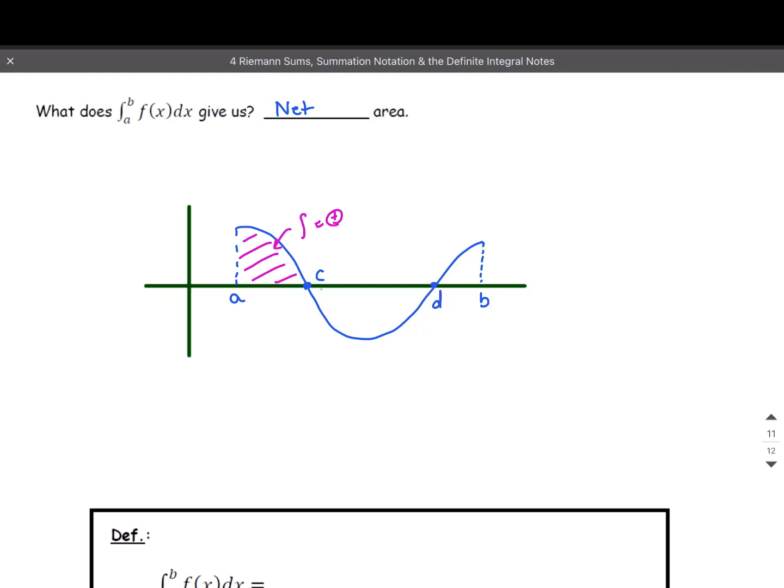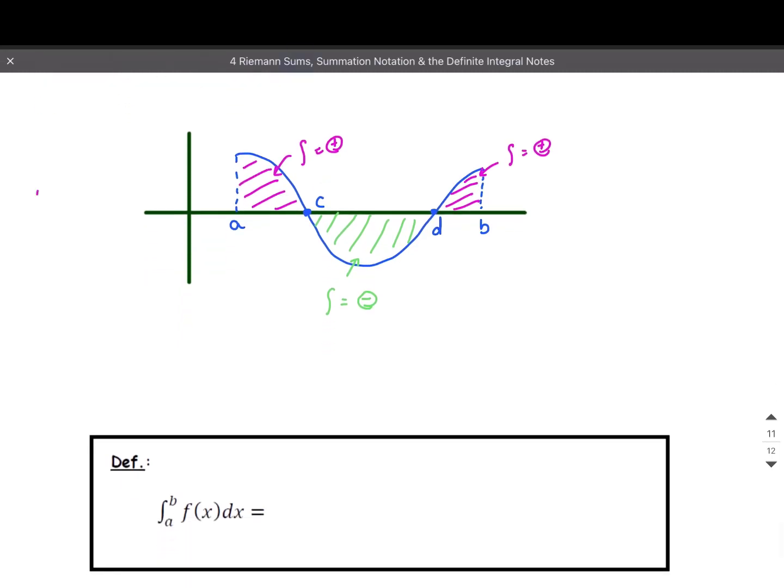Between c and d, the integral is going to give us a negative value. And again, when we're above the x-axis between d and b, the integral is going to give us a positive area. So this is what I mean by signed area. Area is supposed to always be positive, but the integral makes it positive and negative.